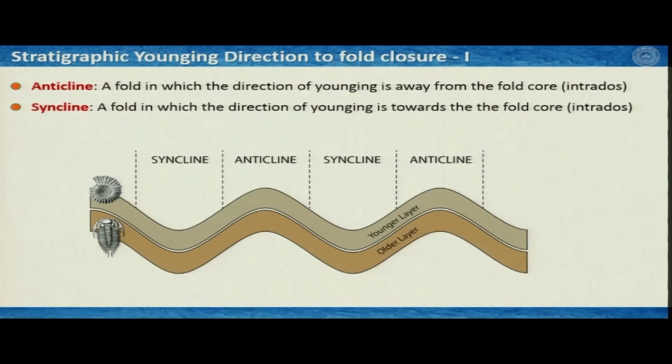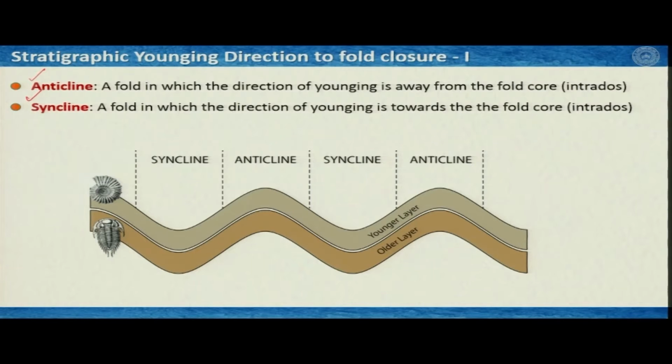Now, the stratigraphic Younging direction of the fold closure. Here we have two primary terminologies to take into account the stratigraphy of the folded strata. These two terms written here, anticline and syncline, are restricted to fold surfaces defined by sedimentary layers, because other surfaces like veins or foliations are not really included in describing anticlines and synclines.